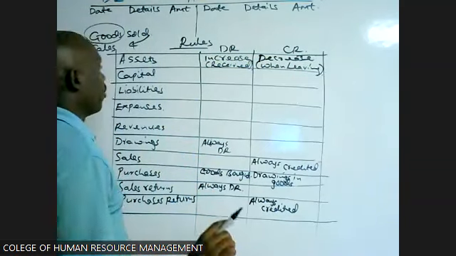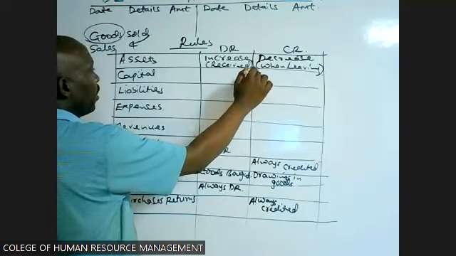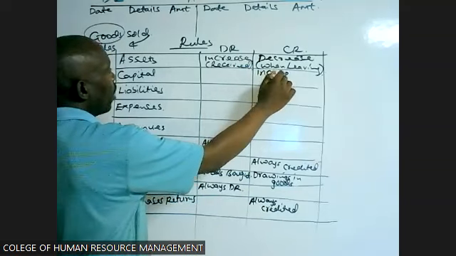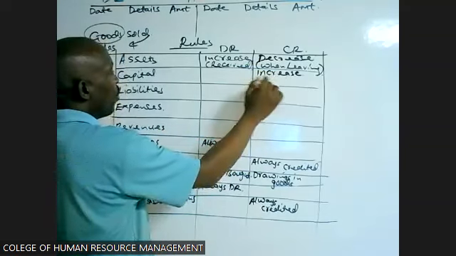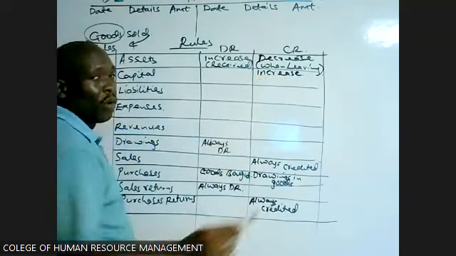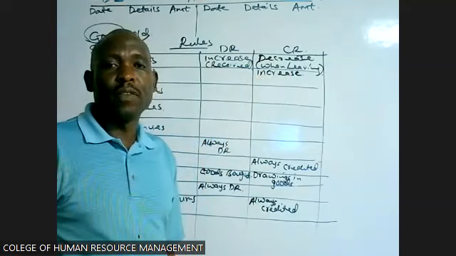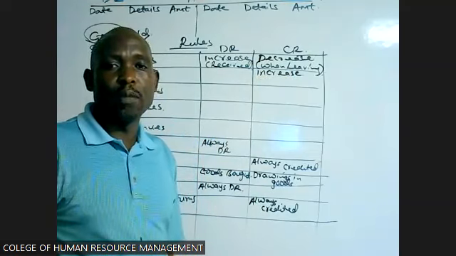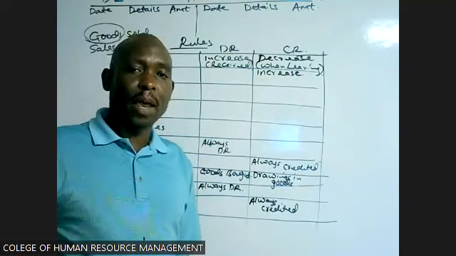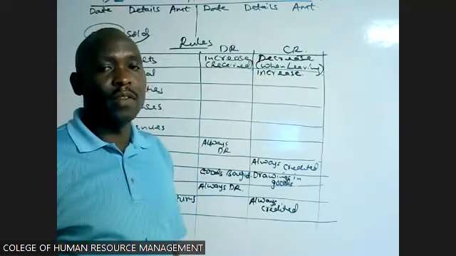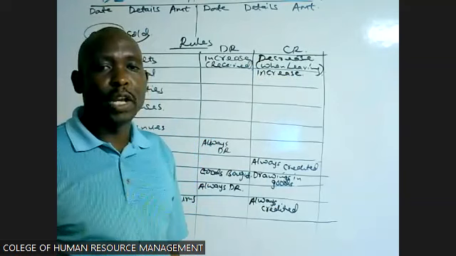Capital is the opposite. Anytime it is increasing, it is normally increasing when we are starting the business. When we start the business, capital will be increasing because the business did not operate initially because there was no capital. So once capital has been pumped into the business, it now becomes operational.